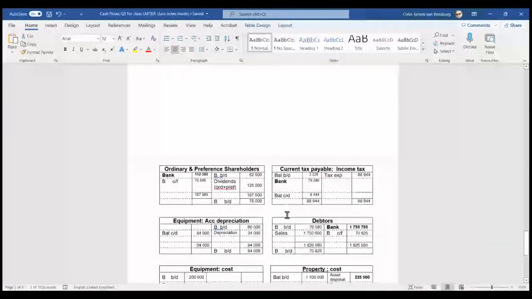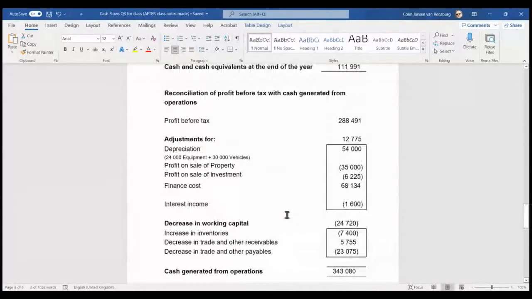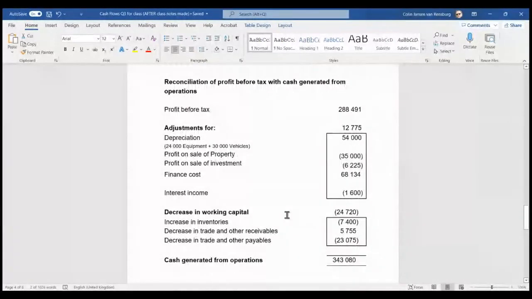So, oops, too far again. Okay, so there it is, profit on sale of property, right? So we can just copy our description and we can copy our figure. And then we must determine whether that should be shown as a positive or a negative. So what are we saying? We are saying that when we calculated profit before tax, we added that.